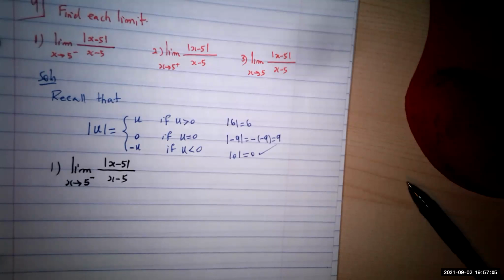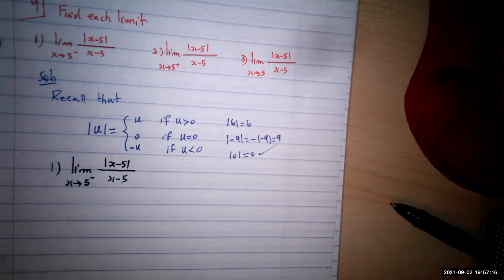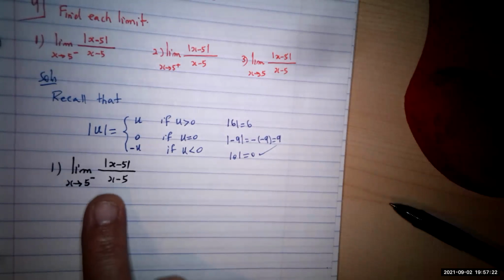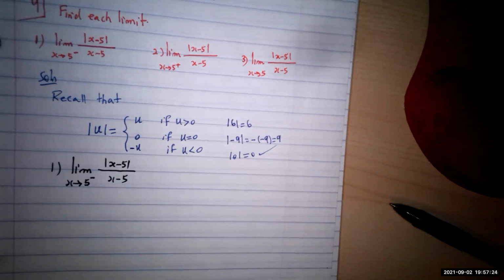So basically, since you use a number less than 5, inside is going to be negative. If you pick something like 4.5, then 4.5 minus 5 would be negative 0.5. So you drop the absolute value and use the negative sign.